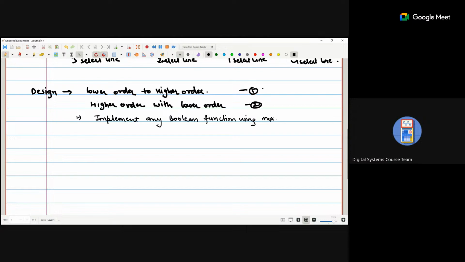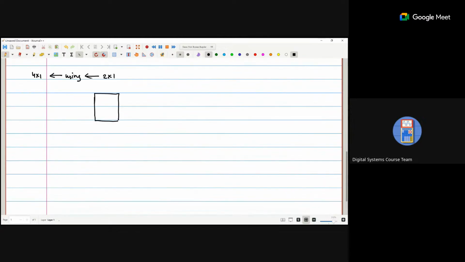For example, if we want to implement a 4 cross 1 using 2 cross 1, that means we have 2 cross 1 muxes. Two input lines, again two input lines, a common select line, and the outputs coming from here and here again go to a 2 cross 1 mux with its own select line.